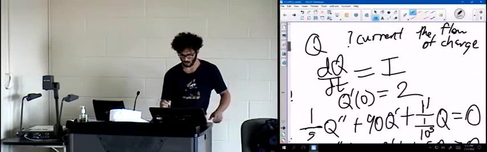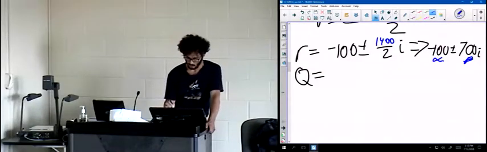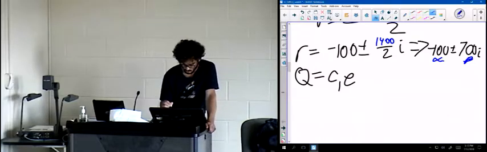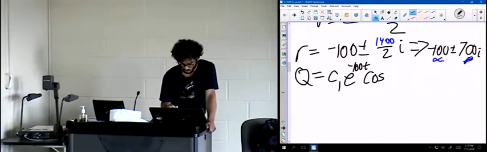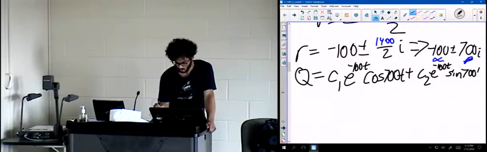So, if this is alpha, that's beta. Our solution would look something like this: C1 e to the negative 100t cosine of 700t plus C2 e to the negative 100t sine of 700t, right?